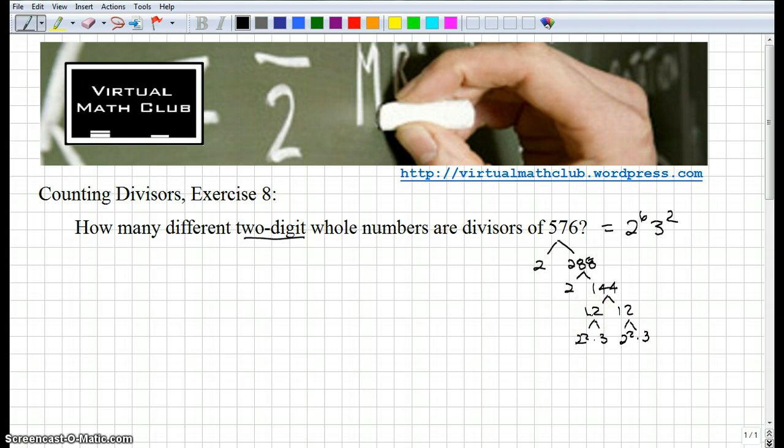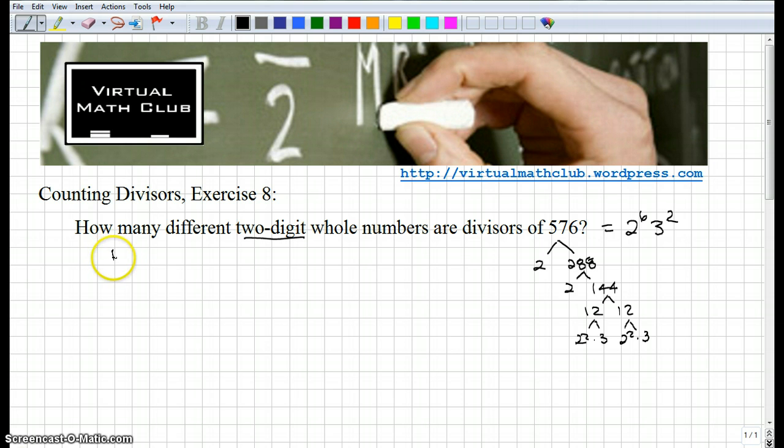Alright, well, now we gotta look for just two-digit divisors of 576. So first of all, let's ignore 3. Let's look at the powers of 2. So anything between 2 to the 0 to 2 to the 6 is going to divide 576, right? So let's look at the powers of 2 and see if there are any two-digit powers of 2.